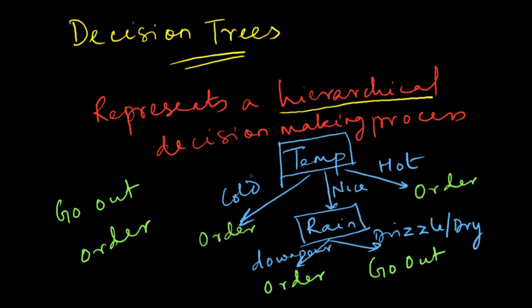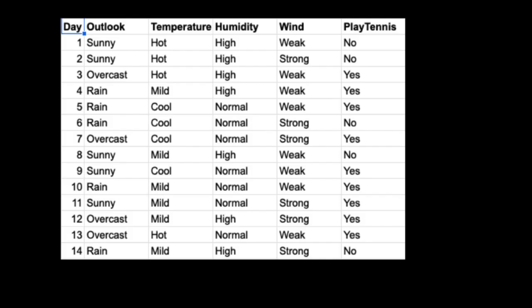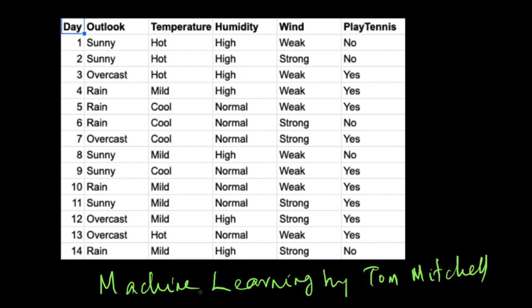Now the next question that arises is, let's say we are given this data set, which I have taken from the book Machine Learning by Tom Mitchell. This data set represents whether you will want to play tennis or not, and as you can see the options are no, yes, and so on. And it depends on four different attributes.